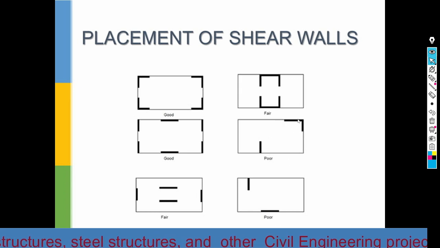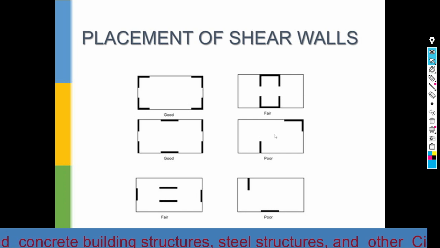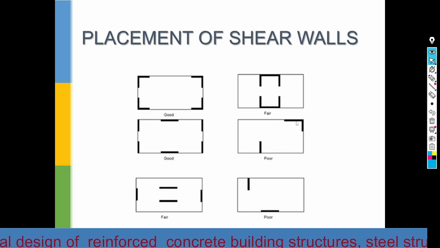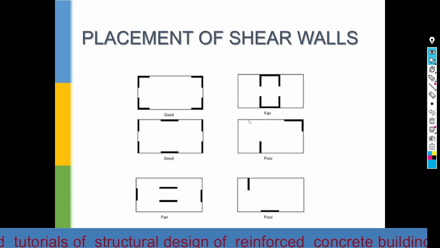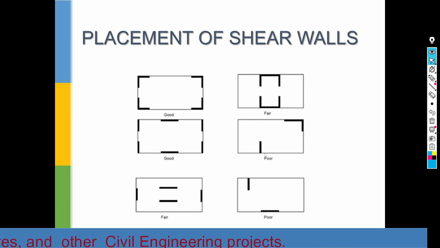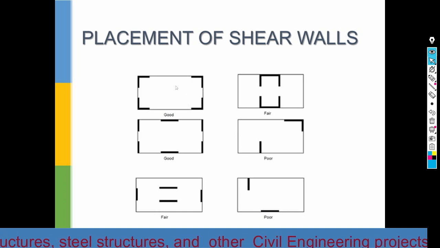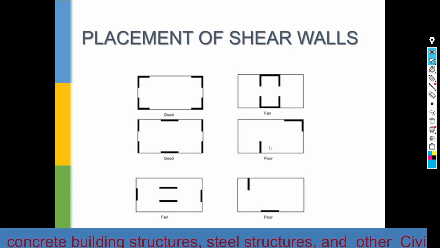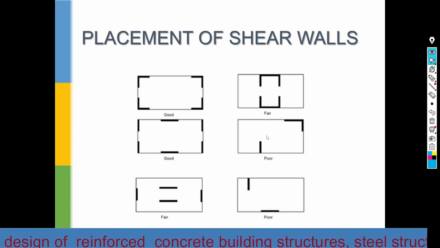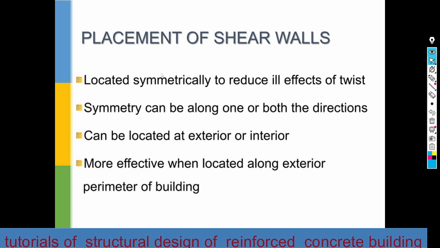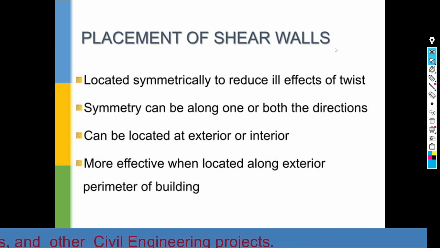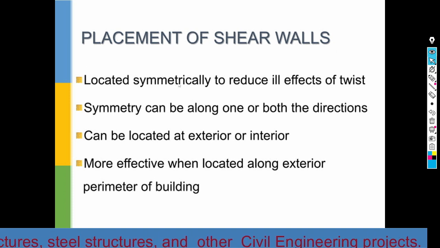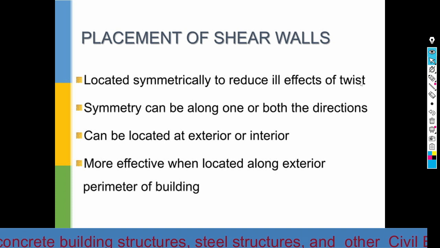And if we also provide the shear walls just like this, and just like this, and just like this, which is drawn here, it will be symmetric in both directions. So the shear walls should be located symmetrically to reduce the ill effect of twist.